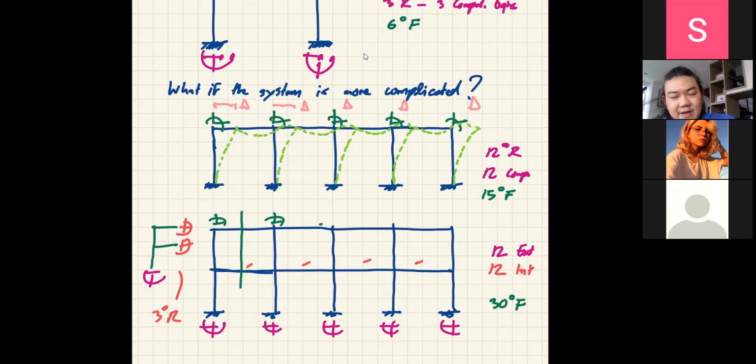When I say the axial deformation can be neglected, it means that these horizontal members will move with the same horizontal displacement. Because if they don't, then we have axial deformation, correct? So all these 5 joints must move with an equal amount of displacement so that the assumption can hold true.